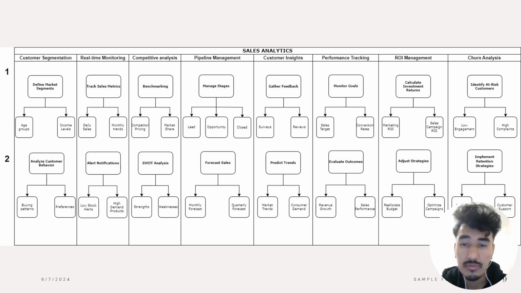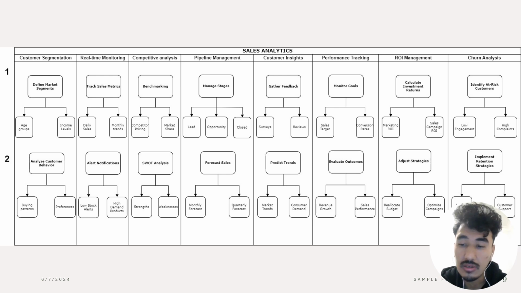And inside performance tracking, we can monitor goals, sales targets, and conversion rates, the rates at which the leads are converted into customers, and evaluate outcomes, revenue growth, and sales performance. And ROI management, return on investment management, where we can look into calculating investment returns and adjusting strategies.